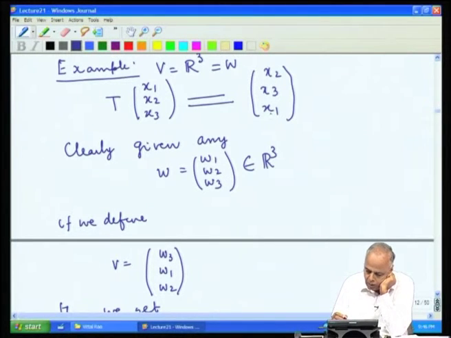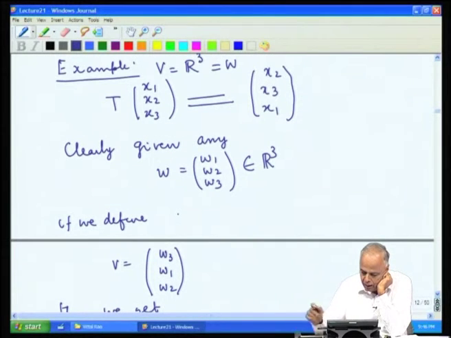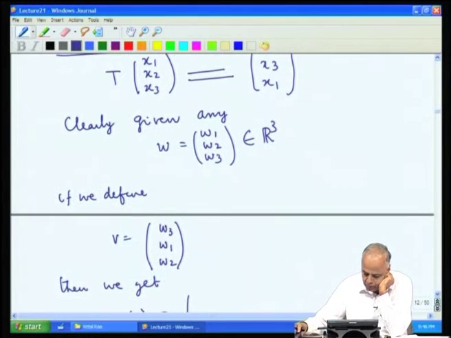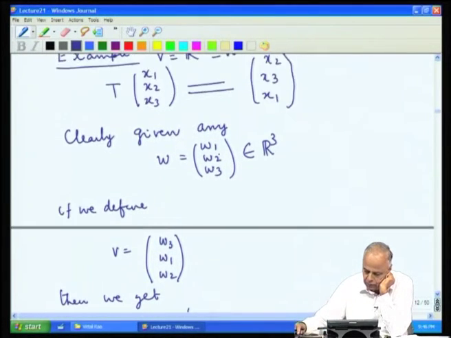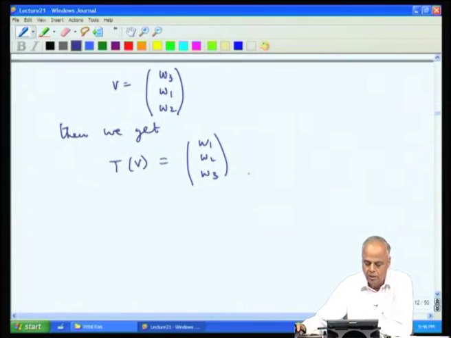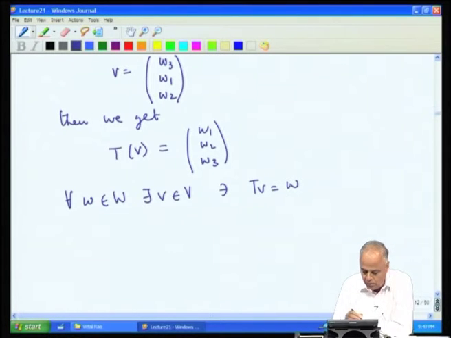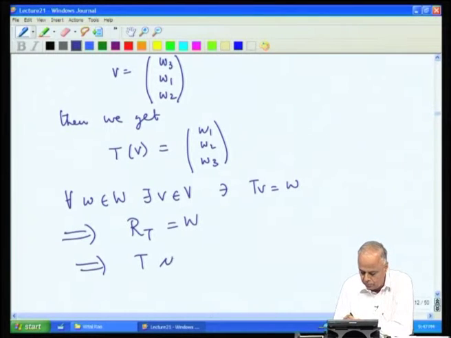We would like to have the third component to be the first component of the pre-image vector, and the first component to be the second component of the pre-image vector, and so on and so forth. So, if we look at it, we get T v equal to w 1, w 2, w 3. Hence, we have for every w in W, there exists v in V such that T v equal to w. That implies range of T is W, that says T is onto.